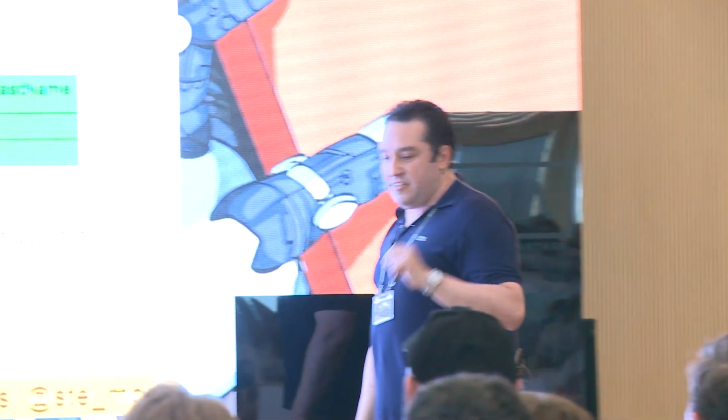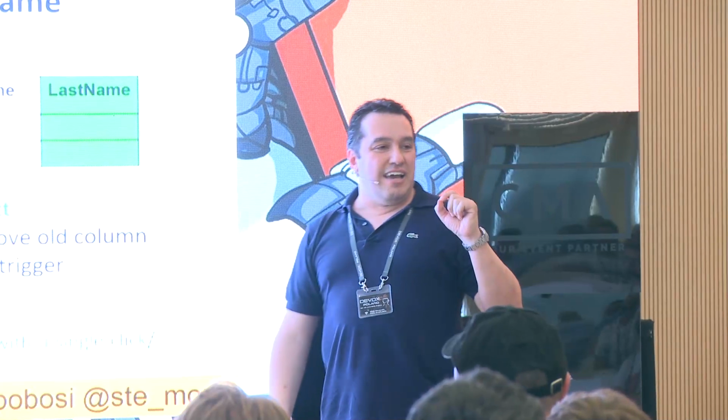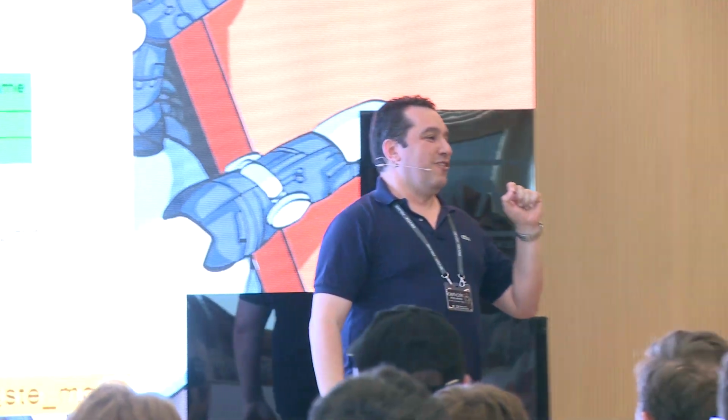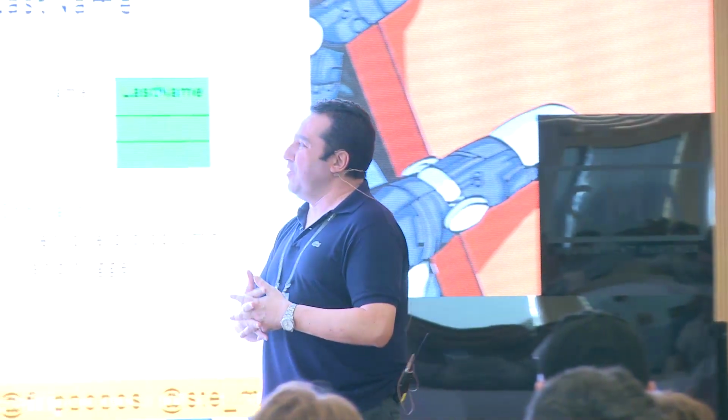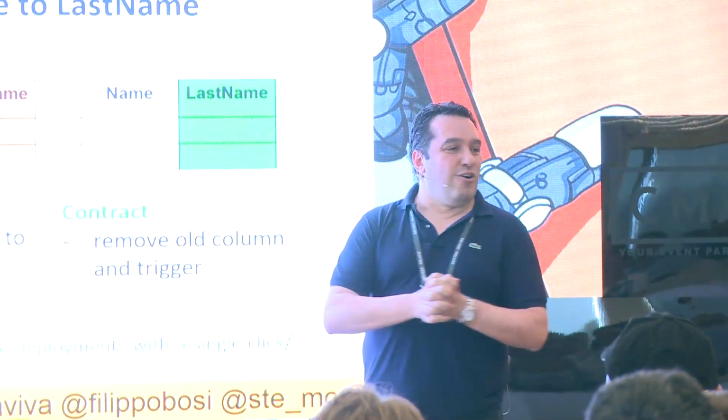Okay, let's see expand and contract. To achieve zero downtime, you never want your application to fail when accessing the database. This is the worst kind of change you can do to a database, and we have used this as an example: renaming a column.